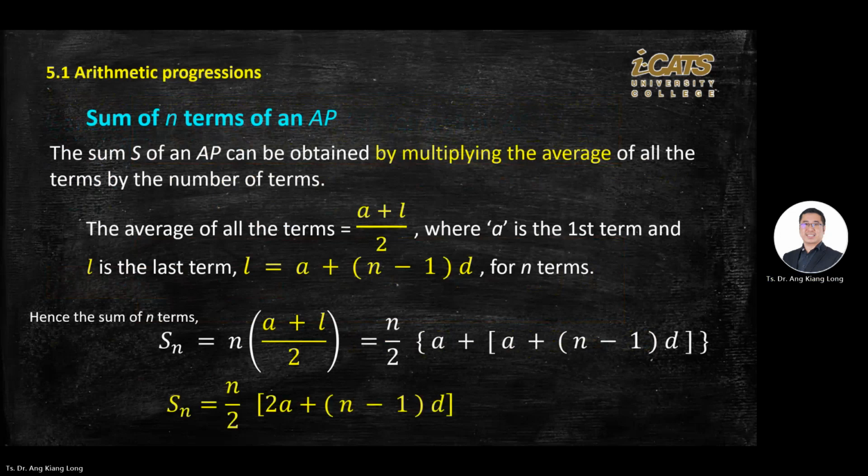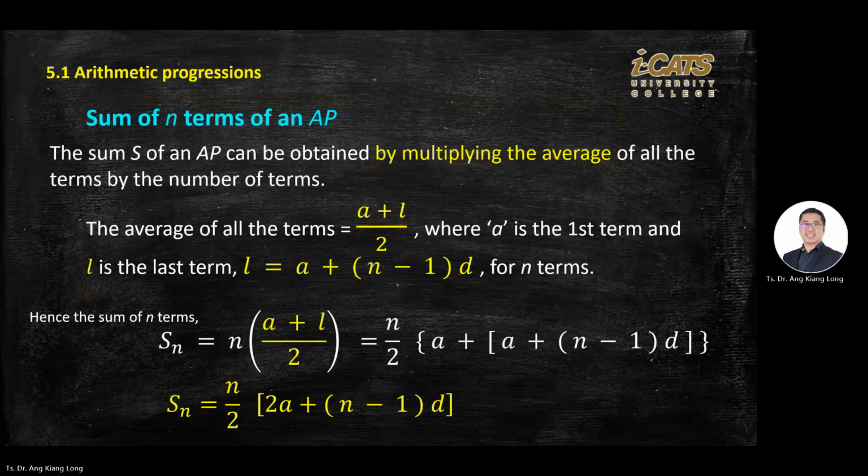Okay. Or in short, if you further extend this one, if you break the bracket, you have A plus A, you get 2A. And then (n minus 1) you carry, D you carry.